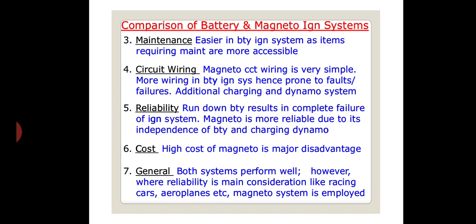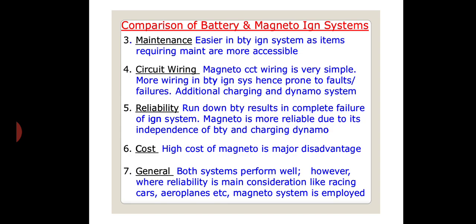Cost wise, the high cost of the magneto is a major disadvantage of this system, but in the battery ignition system the cost is low. The battery ignition system is less reliable compared with the magneto ignition system, and the magneto ignition system is more reliable.